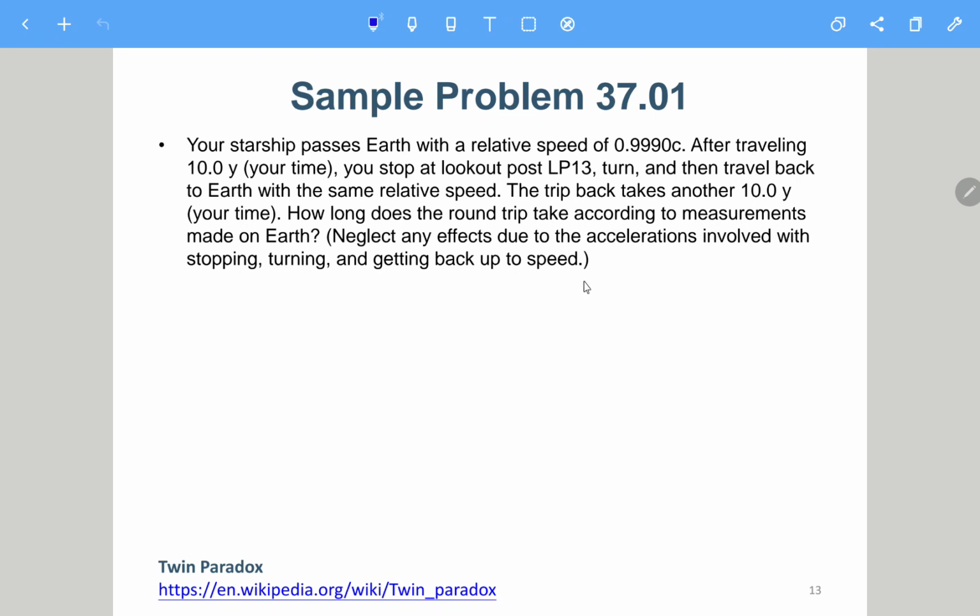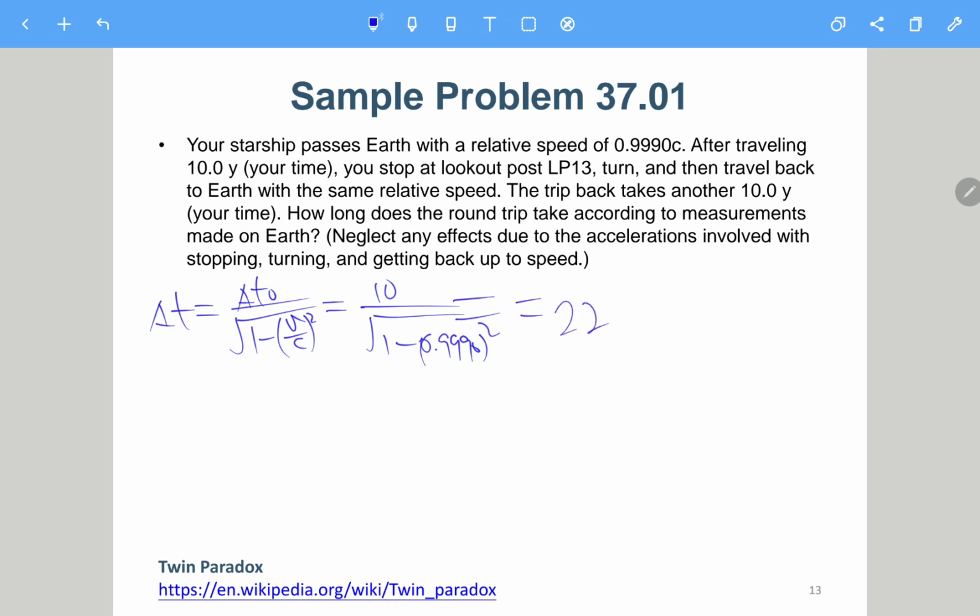Okay, so this is just the time dilation. Delta t is nothing but delta t0 over the square root of 1 minus v over c quantity squared. It takes you 10 years for a single trip, so delta t0 is 10 years, and then 1 minus 0.999 squared like this. So it takes 223.7 years.